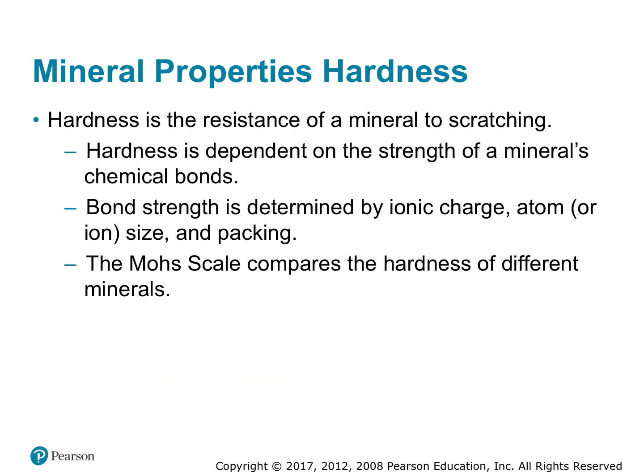Another property that is used to characterize minerals is hardness. And hardness is the resistance of a mineral to being scratched. And so hardness is dependent on the strength of a mineral's chemical bonds, and that bond strength is determined by ionic charge, by atom or ion size, and by packing, how they pack together. We use what's called the Mohs scale to compare the hardness of different materials.